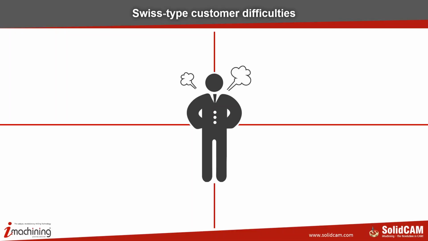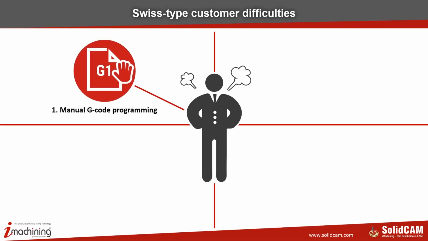Yeah, exactly. So with all, Swiss type customers basically have a lot of difficulties. For all of you who don't know the Swiss types, this will be a pretty interesting fact. But for all of you who have Swiss type machines, you probably know that all the G-code you are programming on the machines is done manually.